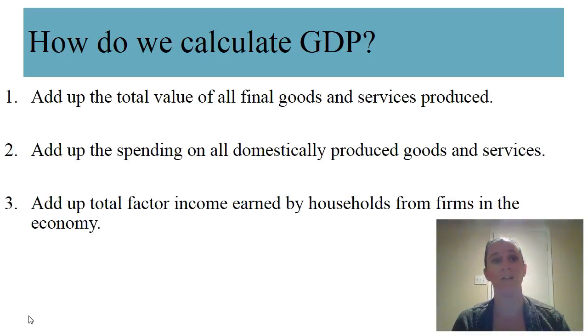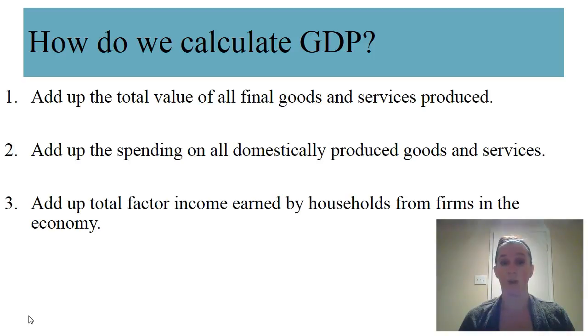And then lastly, you could add up the total factor income earned by households from firms in the economy. So if we had two firms, one that produced cars and one that produced lattes, you would add up the factor income earned by households in the form of rent for the building, wages paid, interest paid on borrowing, and any profit that the firm may earn.